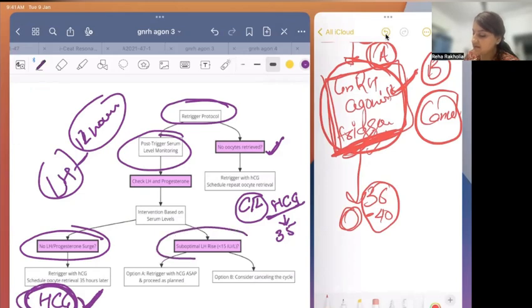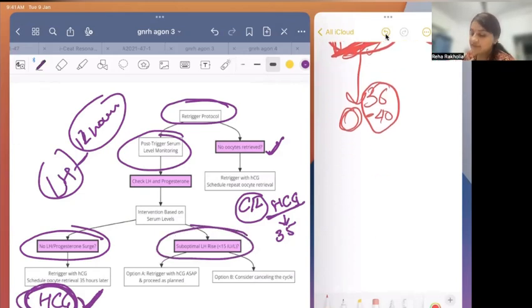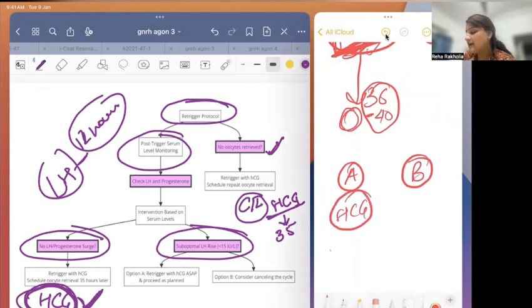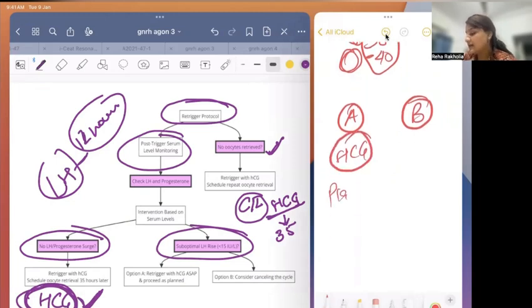But if there is a suboptimal LH rise, less than 15 international units per liter, then there are two options, A and B. A is we'll retrigger with HCG, but we'll plan according to the GnRH agonist trigger.